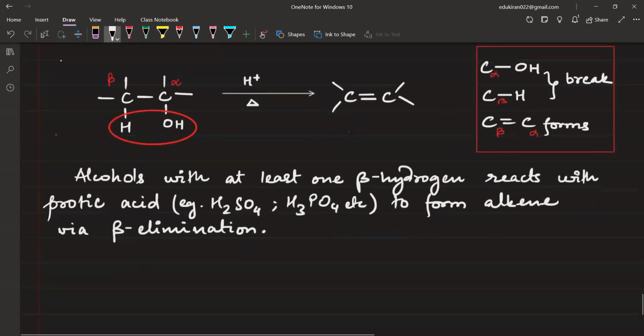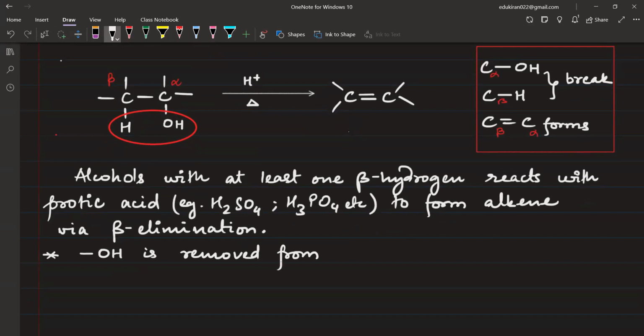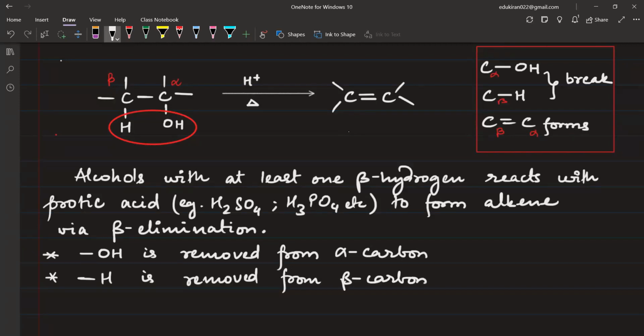So what does it mean? It means OH is removed from the alpha carbon and hydrogen is removed from the beta carbon.